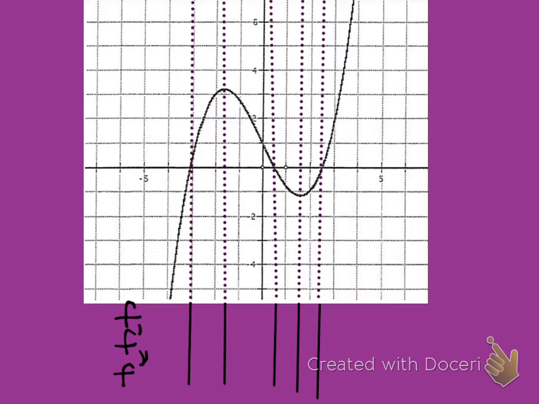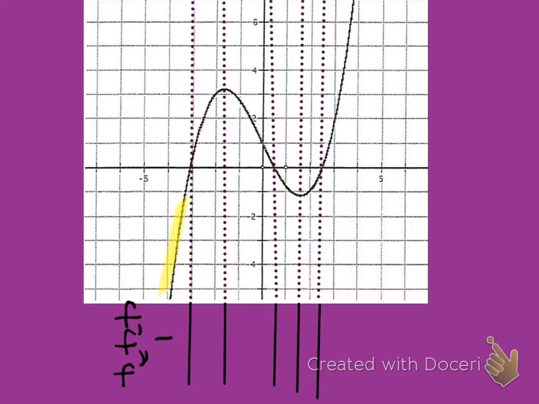So first things first, let's go across, only examining what's happening in the first derivative graph because that's what we're looking at. I'm first looking at this first section right here, just to let you know where I'm starting. Looking at that section, I can tell that this whole section is negative because it's on the bottom side of the x-axis.